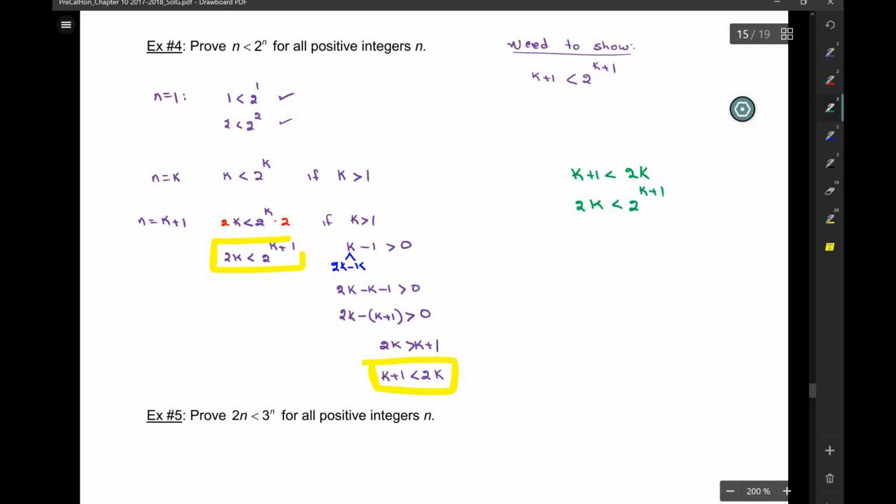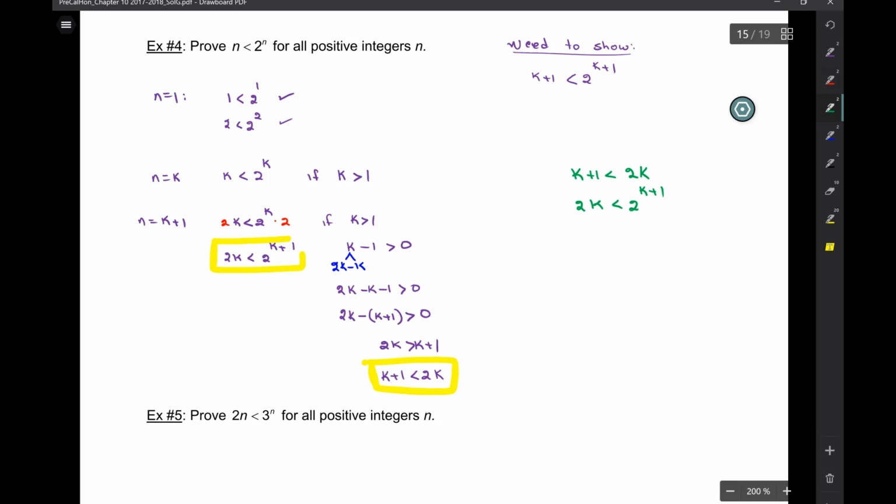Let's reason this out. If I have a number less than x, and I know that x is less than the other number, what do I know about these two? k plus 1 is less than 2 to the k plus 1.